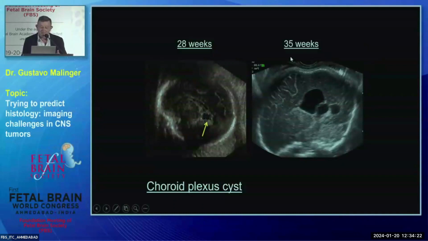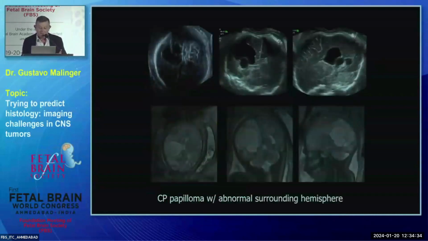And what was interesting is that the sulcation was not present. So it was very difficult for us to realize if this is a malformation of cortical development or if it is due to edema. So here you have the orthogonal planes by ultrasound and the orthogonal planes by MRI. And again, the abnormal surrounding hemisphere was considered most probably due to edema.